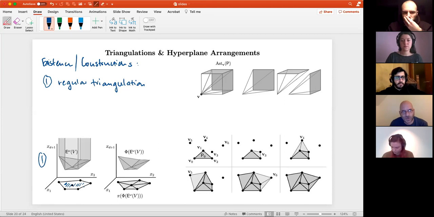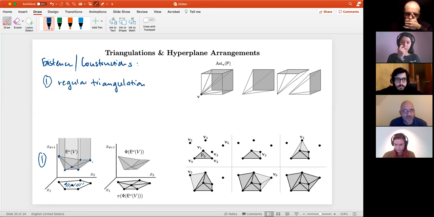Then I'm going to lift those points, for example, at random heights into 1 dimension higher. So think of these as the original points and lifted to random heights. In my picture they are random positive heights.